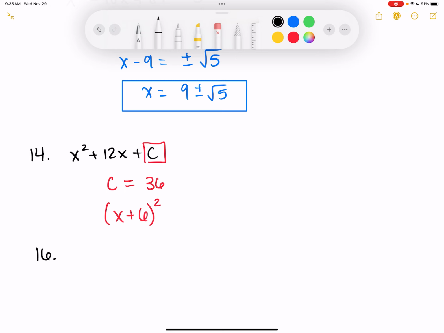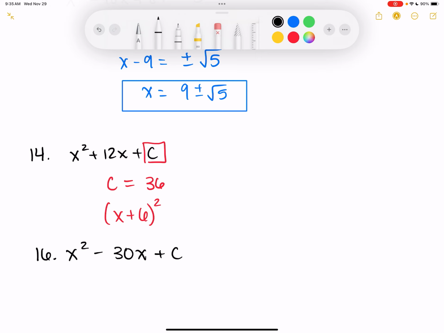All right, 16. X squared minus 30x plus c. When we half the middle term, because it's getting squared, we don't worry about the sign on it. You don't need to say this would be negative whatever squared, because the negative's going away.